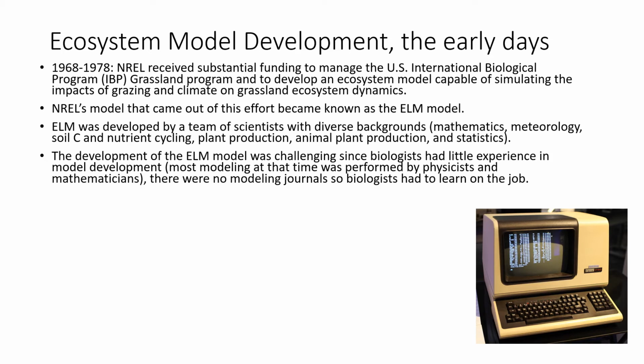And it was challenging because there were a lot of people with diverse backgrounds working together, and biologists at that point didn't have very much experience in model developing. Most of the model development up to that point was by physicists and mathematicians, so there were no references for biologists to go to learn about how to do ecosystem modeling. It was a pretty new practice, a pretty new science.